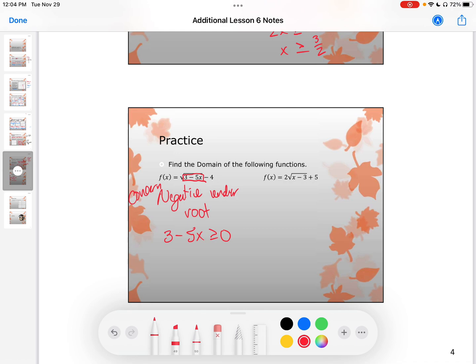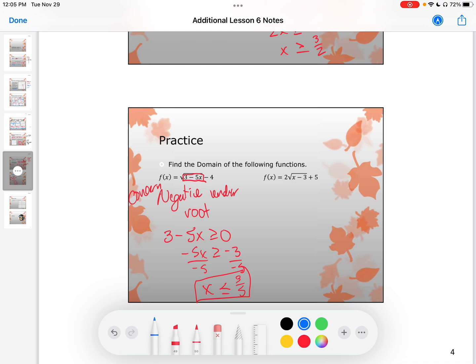It doesn't matter about the 4 on the outside. The only concern I have is what's underneath the root. I will then subtract my 3 to the other side and divide both sides by -5. You do need to remember, if we divide by a negative, we have to flip that sign. So it becomes x is less than or equal to positive 3/5. And that is your domain for this function.